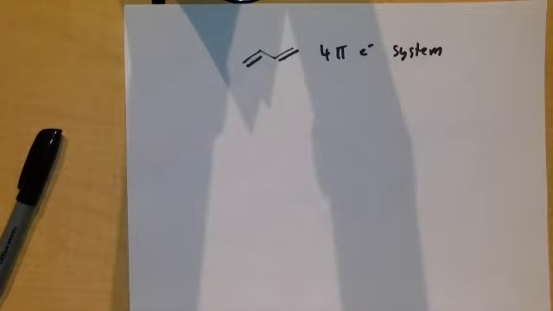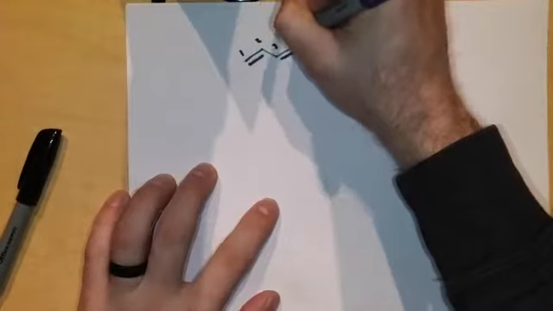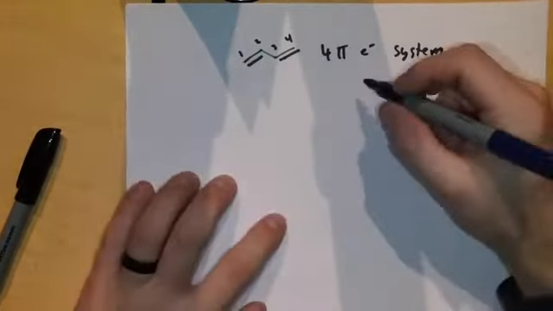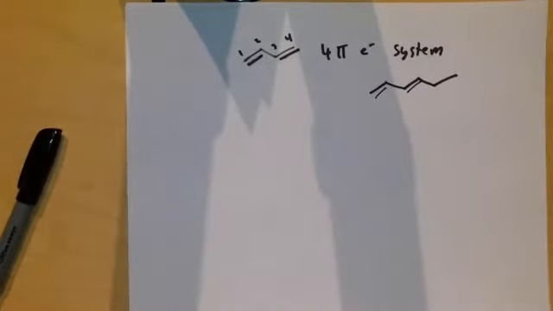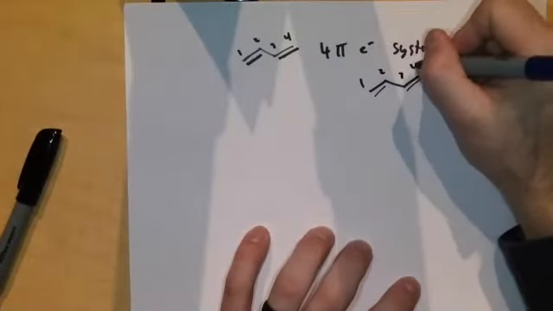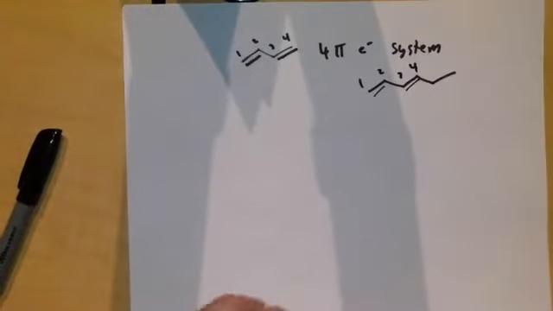There's also 4 positions that have pi electrons, which would be 1, 2, 3, 4. If I had something like this, I still only have 1, 2, 3, 4. Those are the only spots that have a double bond. So those are 4 positions that have pi electrons.